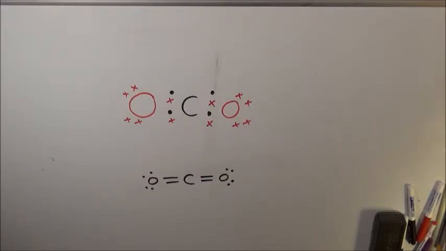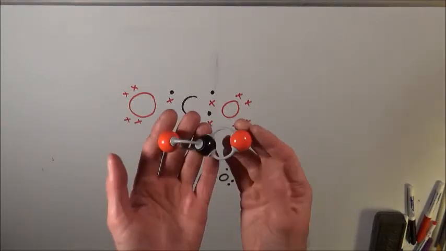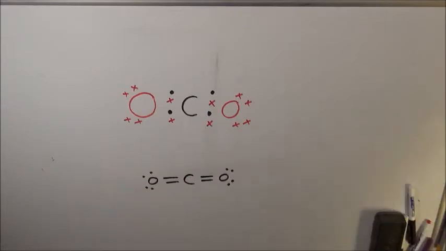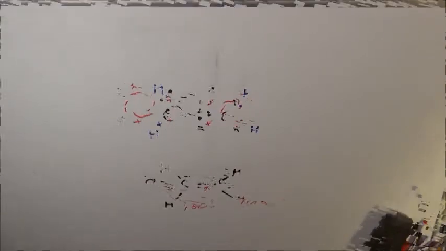You treat it like it's just an electron pair to all intents and purposes. So it would be like beryllium chloride, 2 electron pairs. And so carbon dioxide has this linear structure with a bond angle of 180 degrees, and we would say it's a linear molecule.